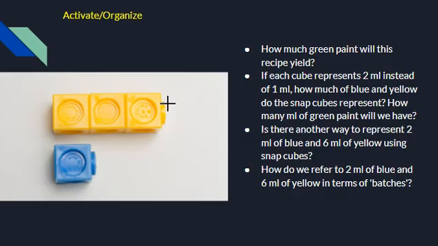So we'd have 2 batches. It's kind of like recipes. If you want to have double the servings, you have to double all the ingredients. If you want to have double the batches, you'd have to double each part. So each of those does become a batch in its own way.